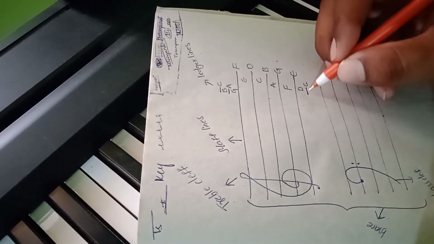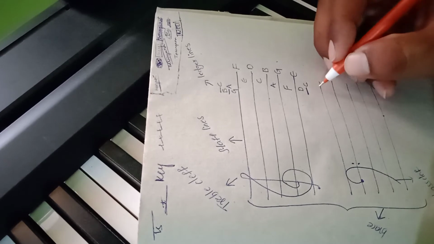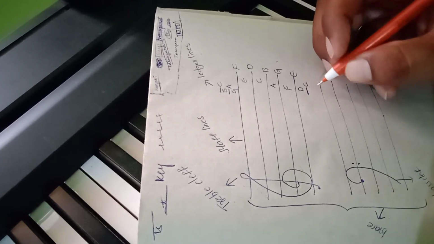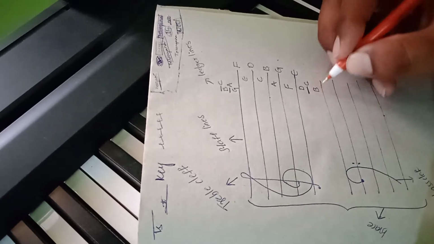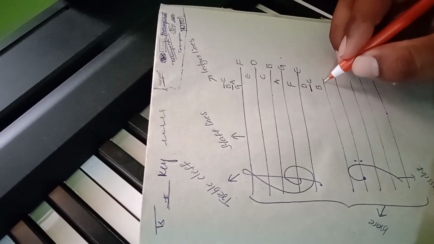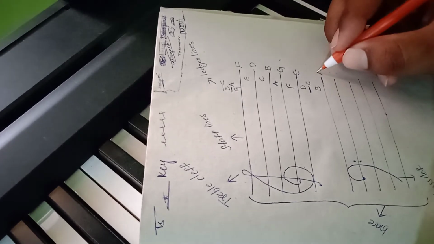So this small line is a ledger line, and this gap would become B, and the first line of the bass clef is A.